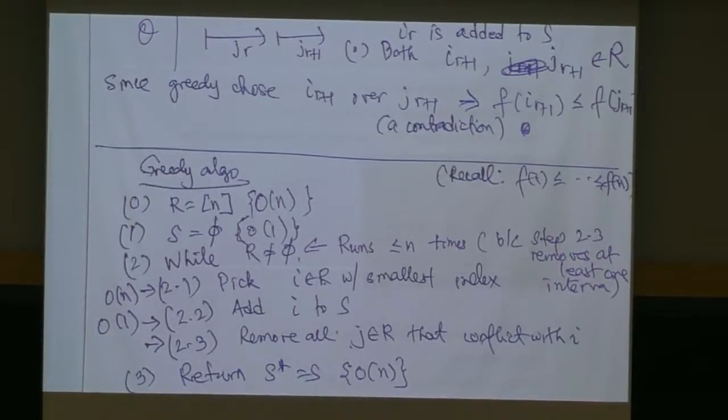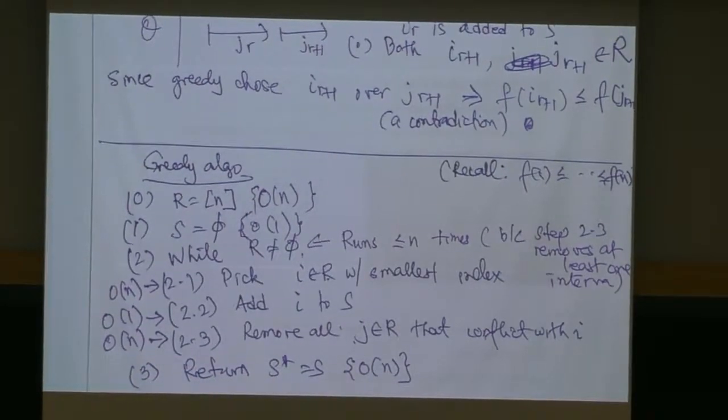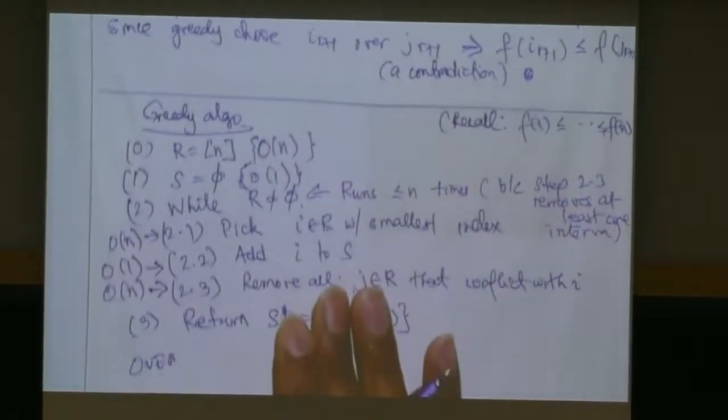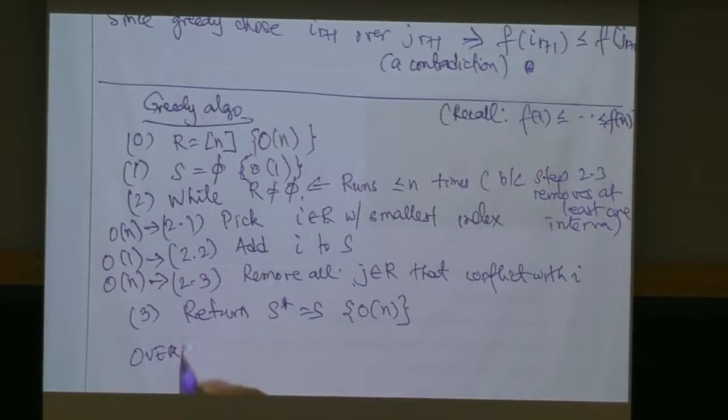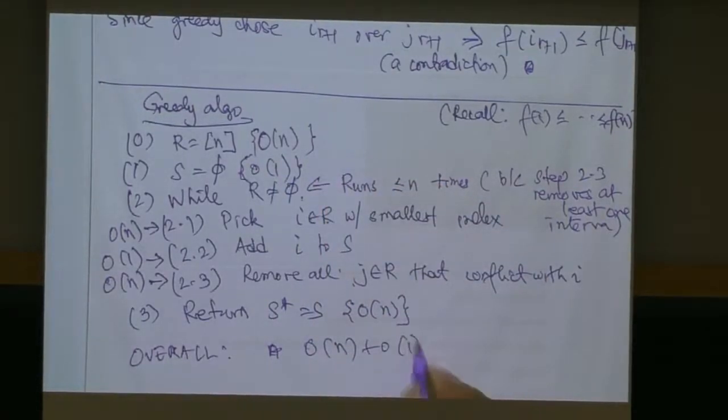So in the worst case, you're going to deal with n elements in R, and you're going to do some constant operations on those. So this is again order of n. So overall, you have order n plus order 1 plus n times order n plus order n. So in the worst case, you end up with O of n squared.